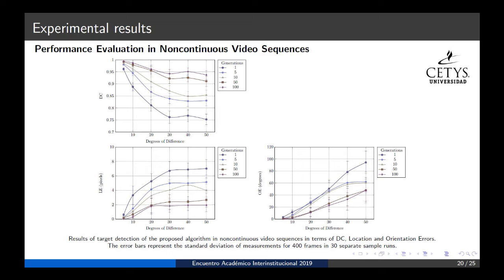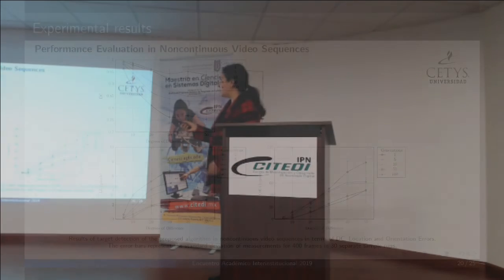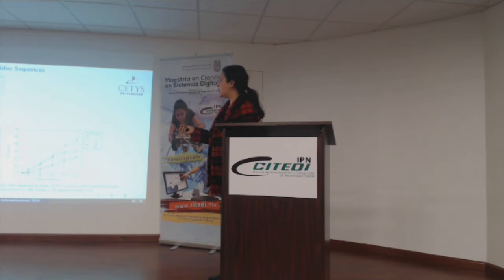how we can measure abrupt pose changes. So we define an experiment. It's a very simple experiment: a synthetic video of the target, and we measure with the DC metric the quality of the filter bank.